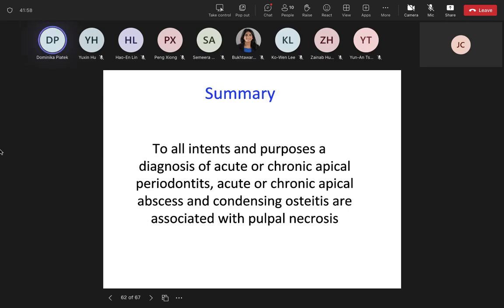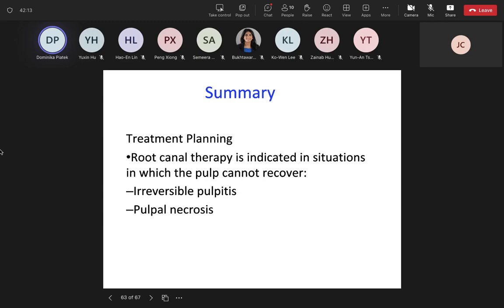To all intents and purposes, a diagnosis of acute or chronic apical periodontitis, acute or chronic apical abscess, and condensing osteitis are associated with pulpal necrosis. This is worth remembering.